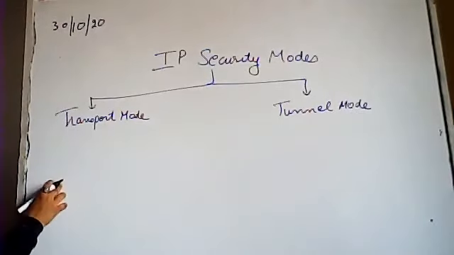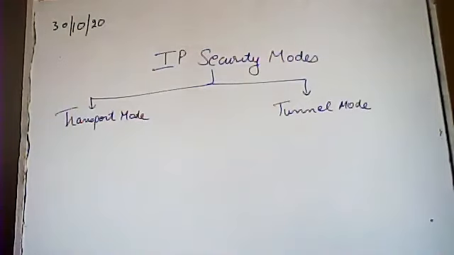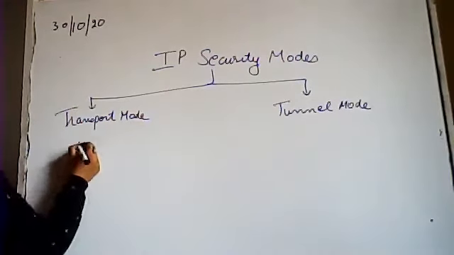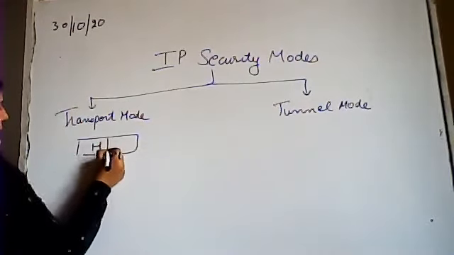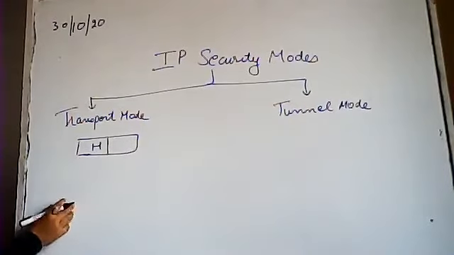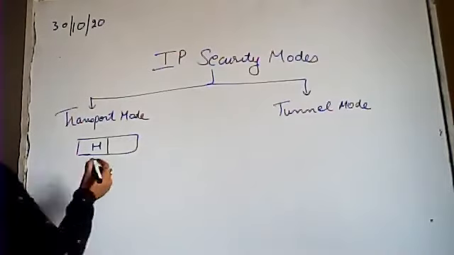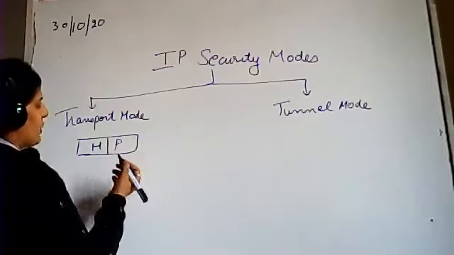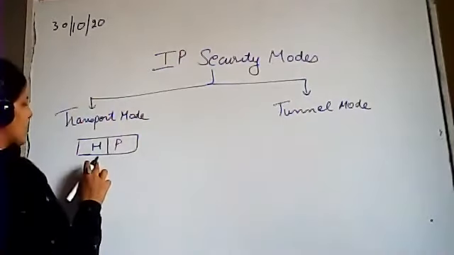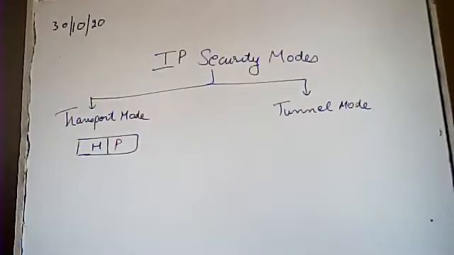Now in this transport mode, what happens? Let's suppose we have this H and P. H is your header part and P is your payload part. Payload is the original data you are having, and H is defining your header part. In this transport mode, your payload is encrypted but not the IP header.